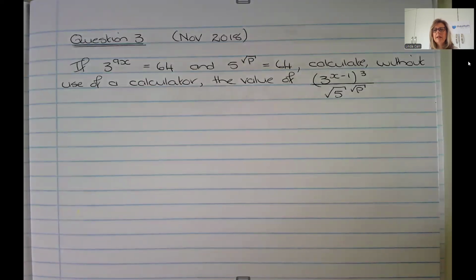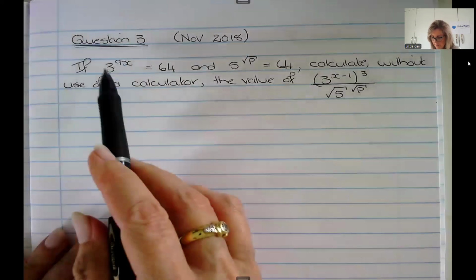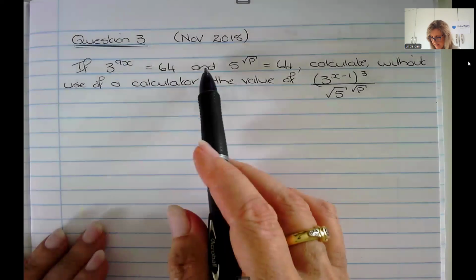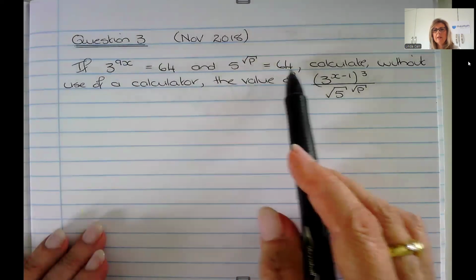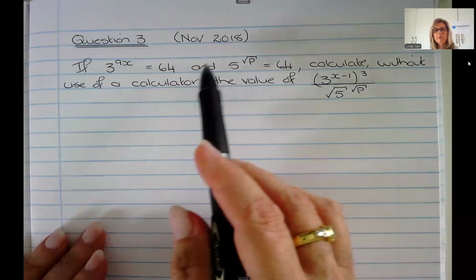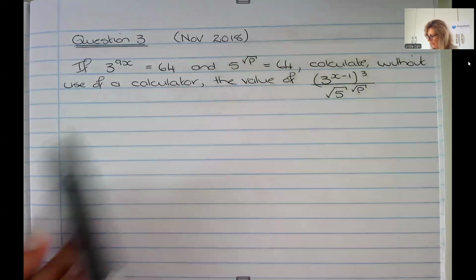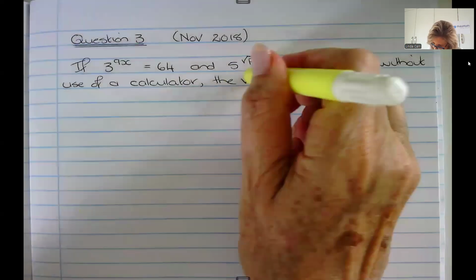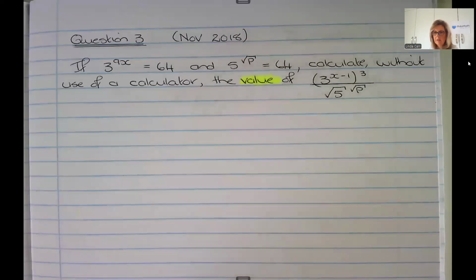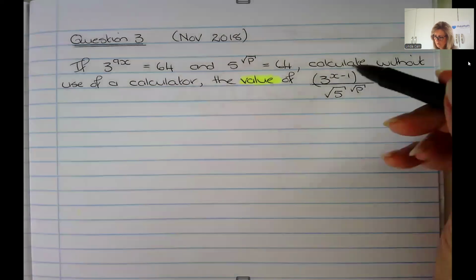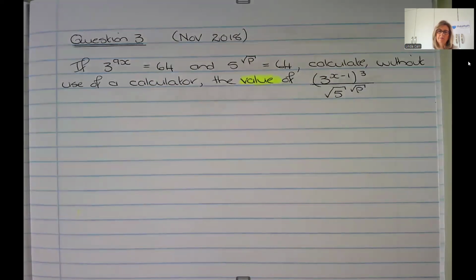So then I thought, okay, that's not what the question says. The question says if that and that, calculate without the use of a calculator the value of. So they don't want me to get rid of the 64s. They want me to come up with actual numerical values for this numerator and this denominator.